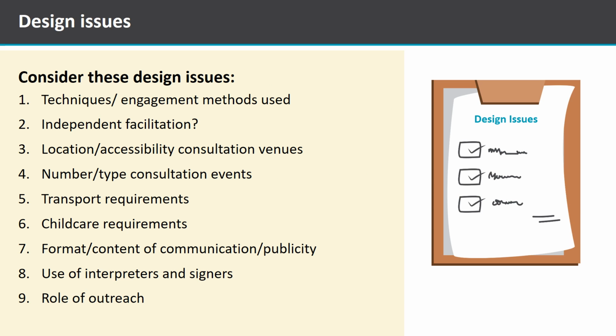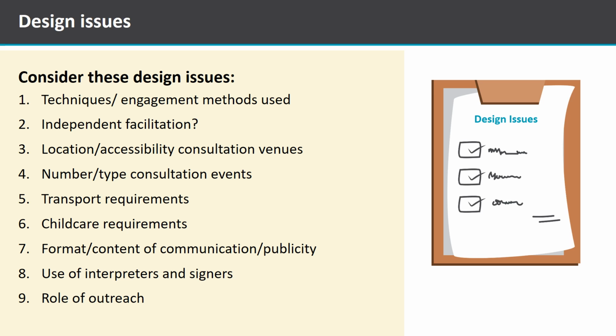In designing a consultation, it is important to consider the following issues: the techniques and the engagement methods to be used. Does the process need independent facilitation? What about the location and the accessibility of the consultation venues? The number and the type of the consultation events.